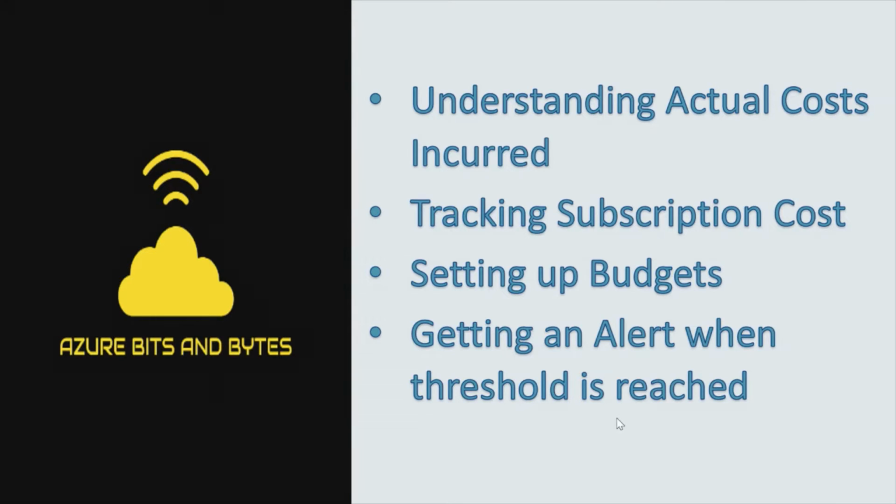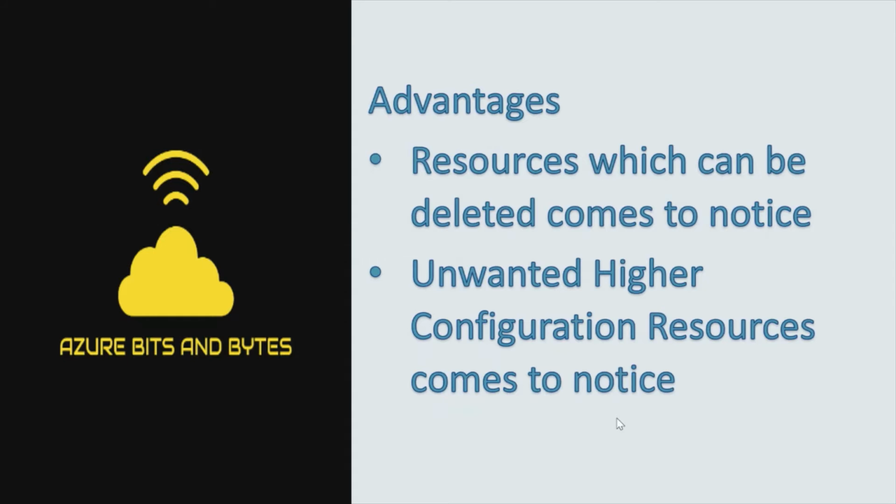Now, let us discuss the advantages of setting up a budget. The first one is that resources which can be deleted come to notice. In a day-to-day scenario, you might have a lot of people in a team using the common subscription. There might be cases where you are performing some proof of concepts, or you have just created a resource to cross-check a behavior.